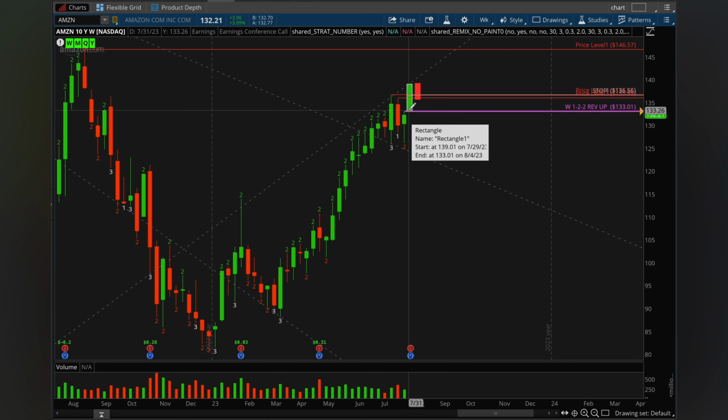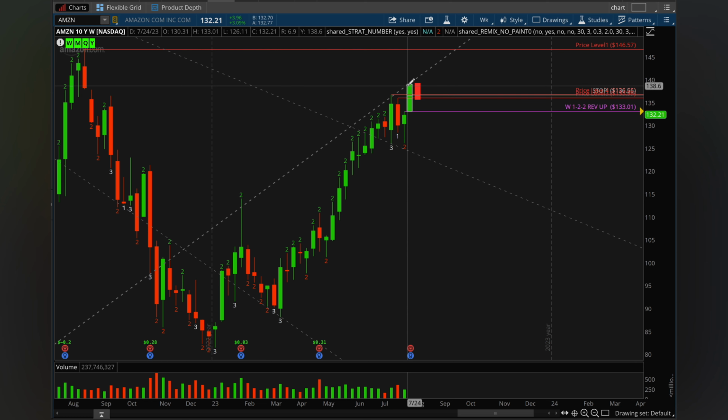You're hitting those options, or the equity if you're trading equity, and you're just riding this thing on up, bumping that stop up as you hit targets or reach a certain percentage. You can put your stop here and then go to break even, and then target one, then target two.